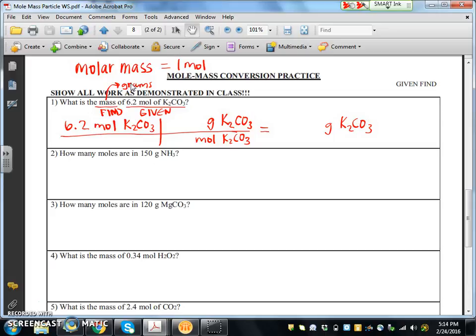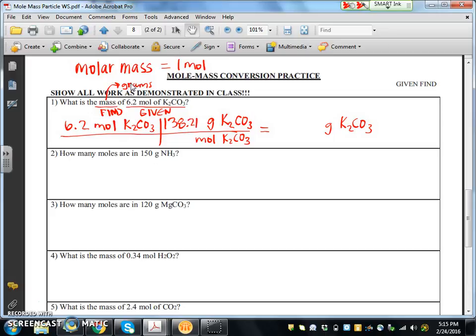Okay, good. You should have paused the video and calculated the molar mass of potassium carbonate. If you did this, you should have determined that the molar mass is 138.21 grams.